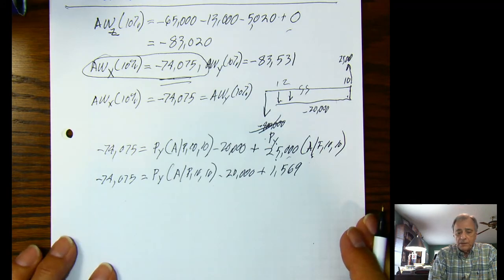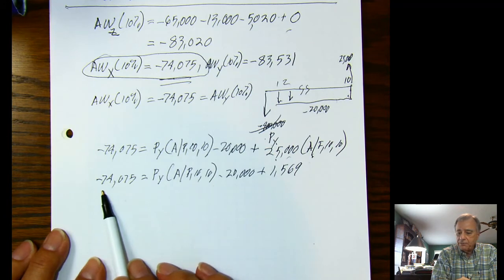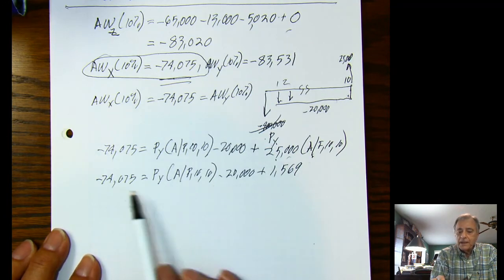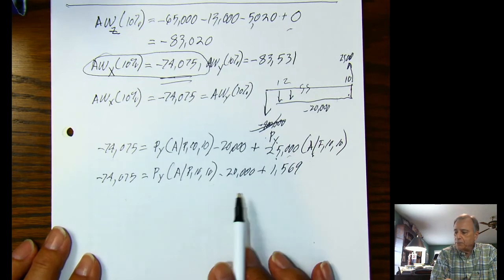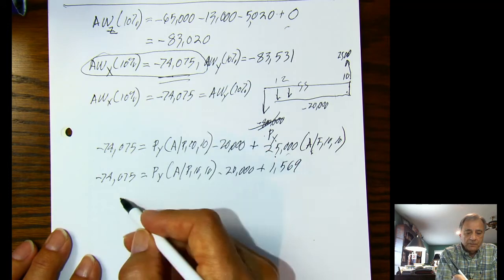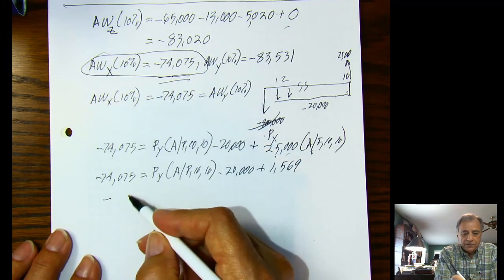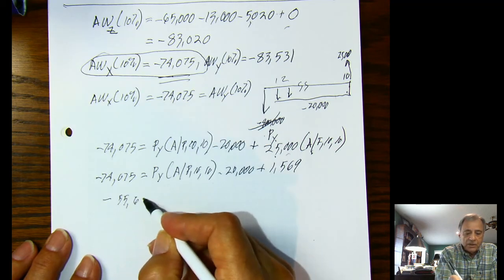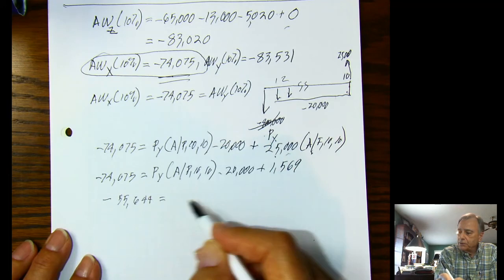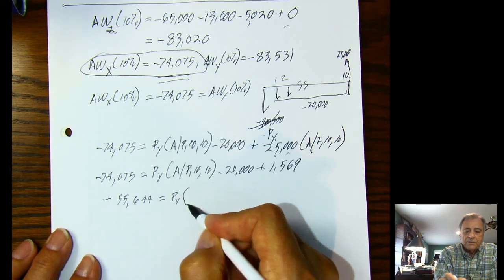And so now I'm going to add 20,000 to both sides. That'll give me 54,000 over here. And then I'm going to subtract this from both sides, and I'll end up with minus 55,644 equals P sub Y times this factor.